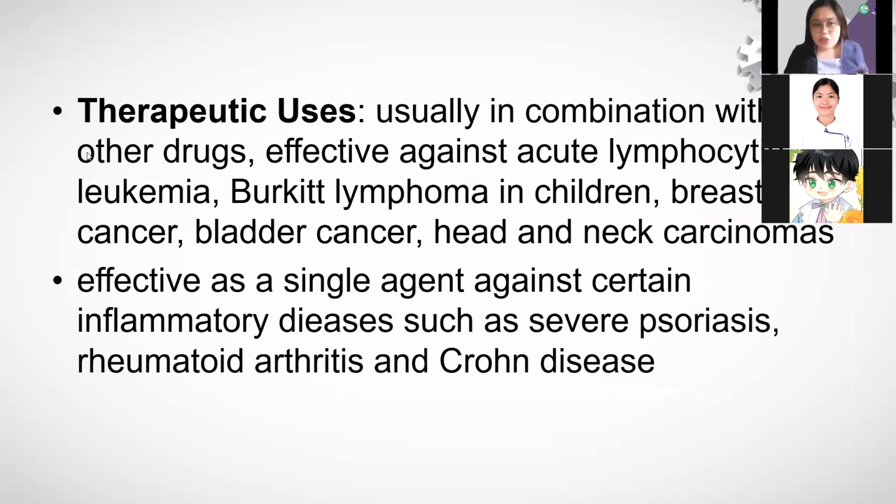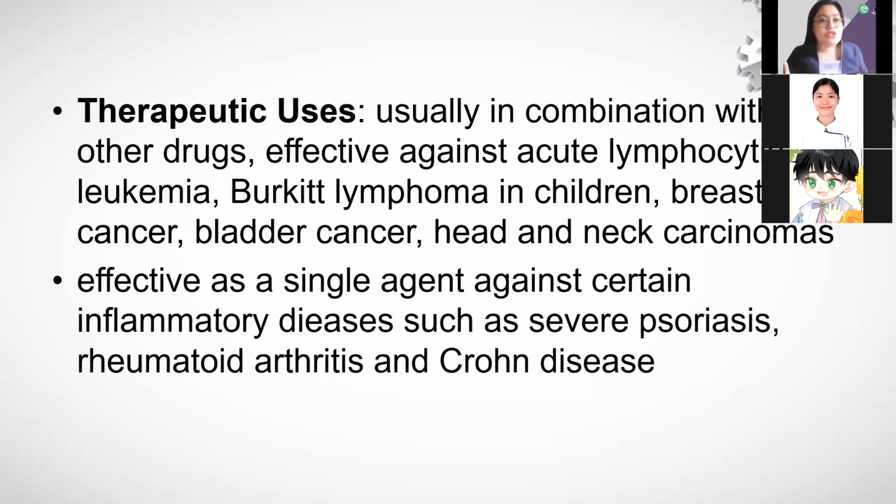Now, where is our methotrexate given? This is usually given in combination with other drugs for the following types of cancer: acute lymphocytic leukemia, Burkitt lymphoma in children, breast cancer, bladder cancer, and even head and neck carcinomas. Those are all the uses for our methotrexate.